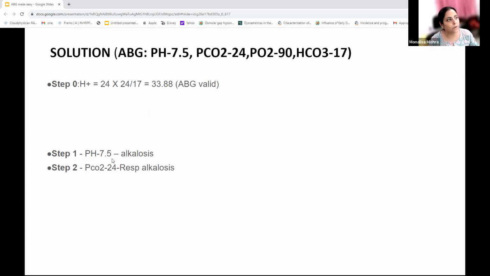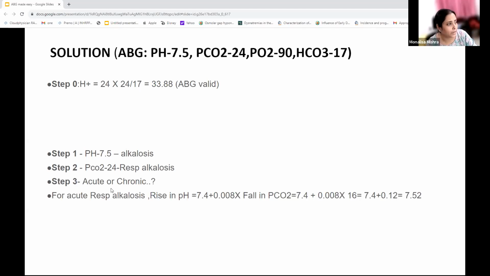Next step is to find out if it is respiratory alkalosis or metabolic alkalosis. As you can see, the bicarb is low and the PCO2 is low as well. Normal PCO2 is 35 to 45, right? So the PCO2 is low. So it is respiratory alkalosis. Next, you have to find out if it's acute or chronic.